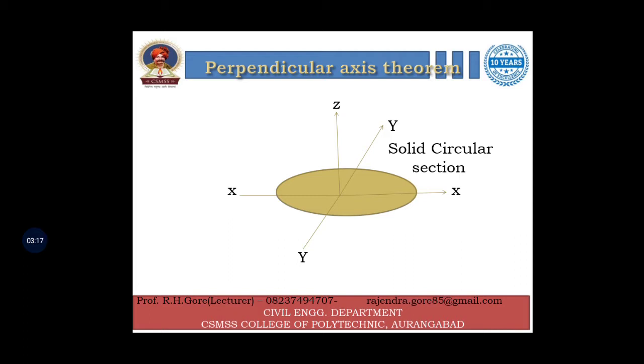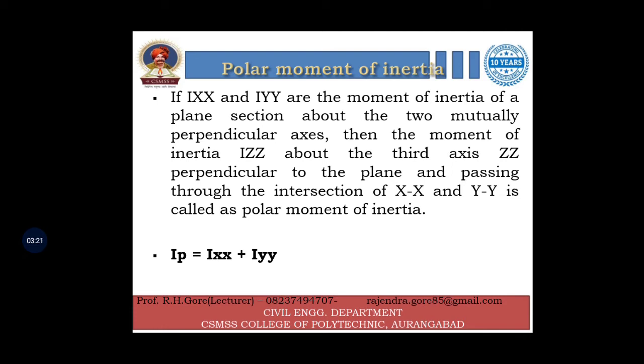So the mathematical expression for the perpendicular axis theorem is Izz is equal to Ixx plus Iyy, meaning moment of inertia about the XX axis and moment of inertia about the YY axis.